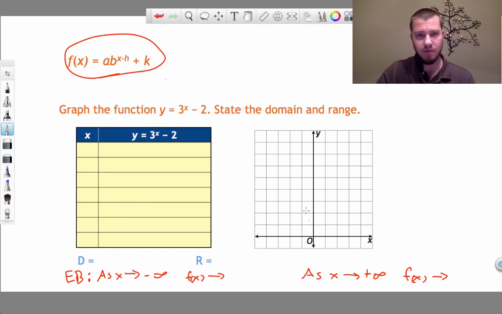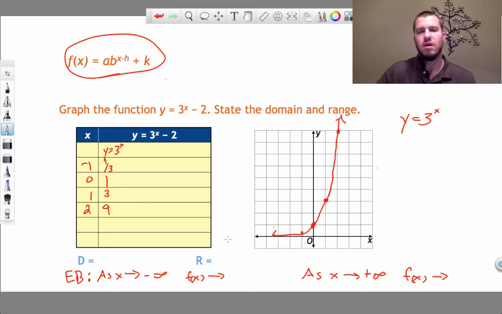Here the parent function is y equals 3 raised to the x. The base b is part of the parent function, which is a little bit different than a lot of the other functions we've graphed. So I have the points 0, 1; -1, 1/3; and 1, 3. I have this parent function, and my asymptote is at y equals 0.